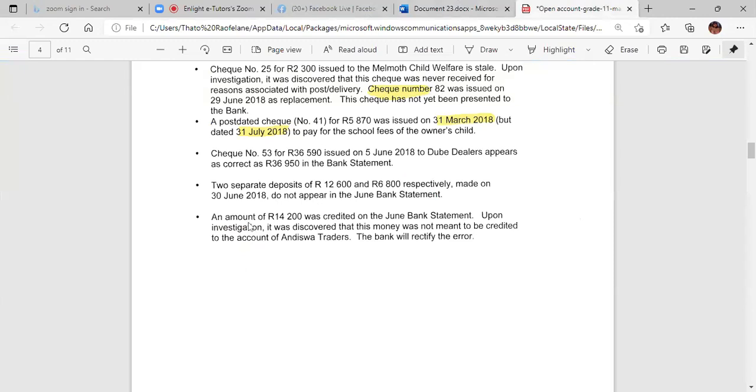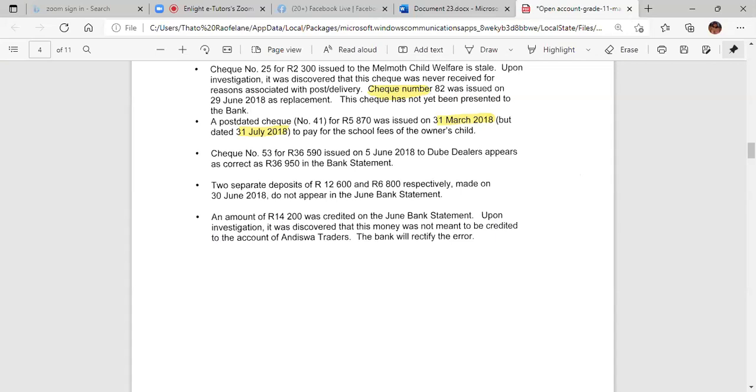Let's read this statement. An amount of 14,200 was credited on the June bank statement. Upon investigation, it was discovered that this money was not meant to be credited to the account of Andiswa Traders.